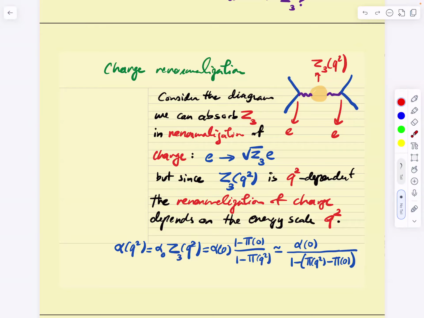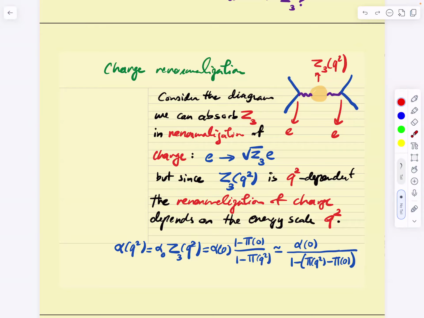So for example, alpha zero: let's say you normalize your theory at some scale. That scale is very, very low energy. We wanted to get the right propagator at very, very low energy for the photon. That will give you alpha zero. What is alpha zero? This is the QED coupling, alpha QED. What is it? Sorry?